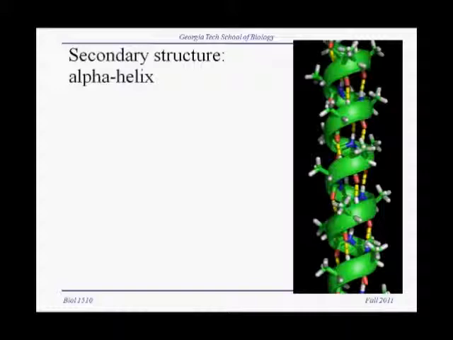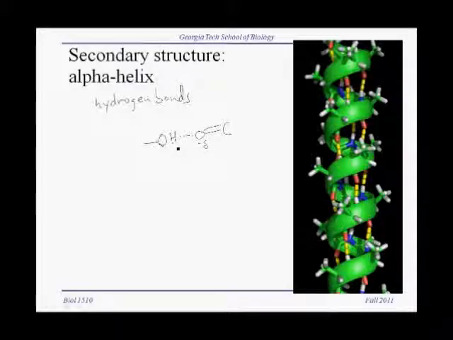Just a couple of minutes to talk about secondary structure. Secondary structure is held together by hydrogen bonds, and the hydrogen bonds are shown in yellow. They are formed between the hydrogen and a polar oxygen. So this oxygen contains a partial negative charge.